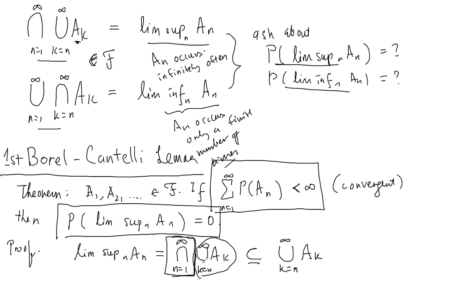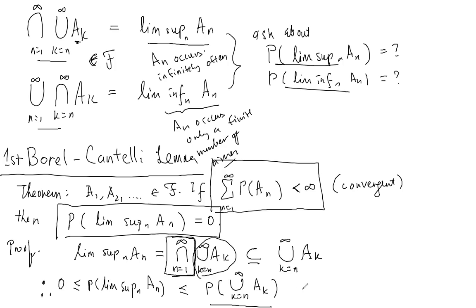Okay. So since this set is less than that set, therefore P of lim sup of An is less than or equal to P of this set. And of course P of lim sup is definitely larger than or equal to 0. So this is easy.